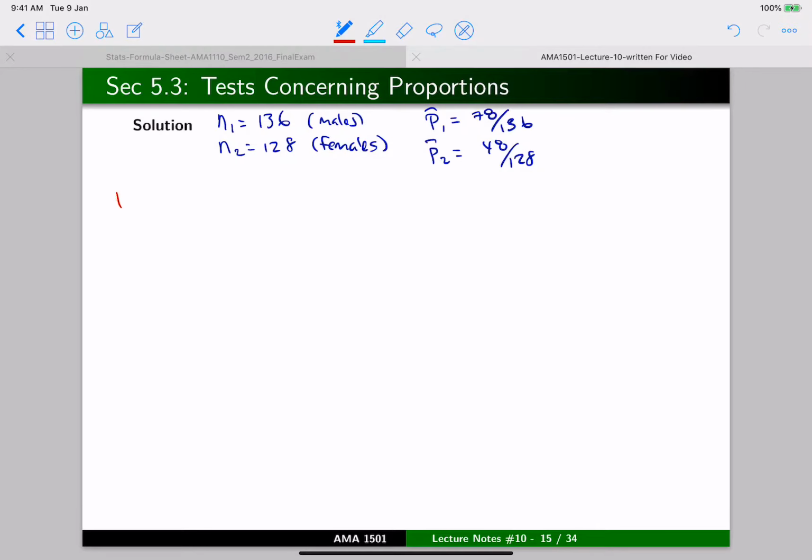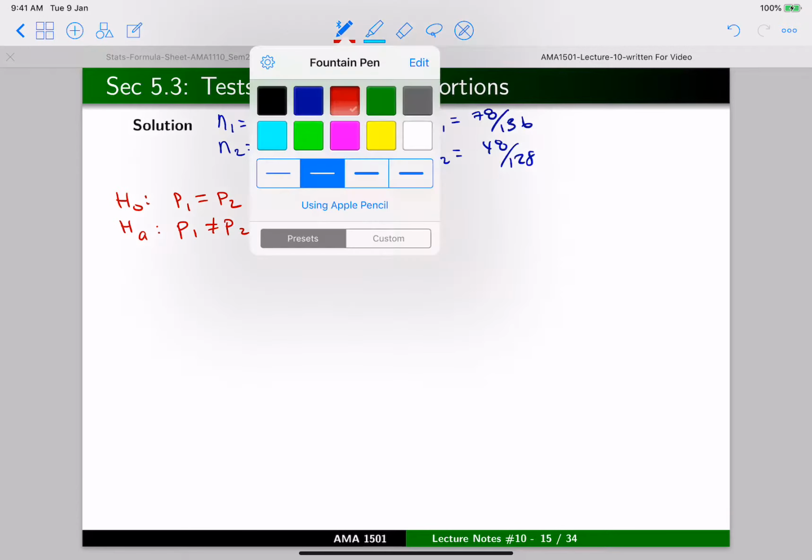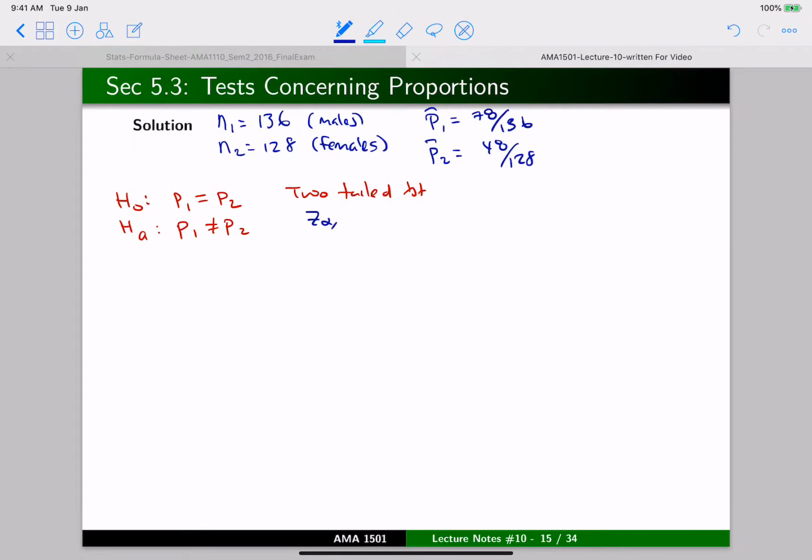The null hypothesis is that both population proportions are the same, and the alternative hypothesis is that they're different. So this is a two-tailed test. Here we have a 5% significance level, so z alpha over 2 is z 0.025, which we know is 1.96 from before.